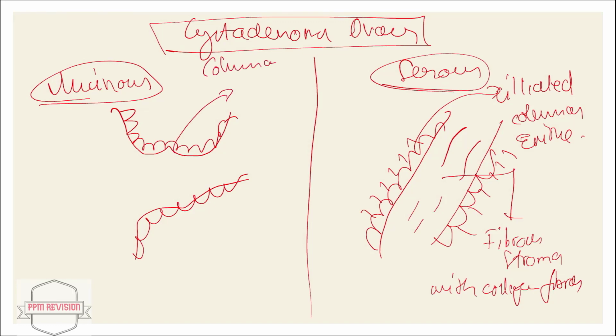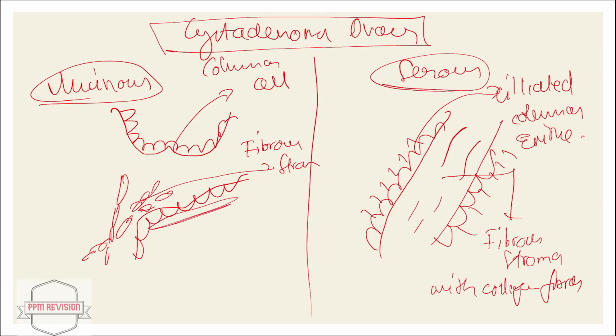Here are the columnar cells. Let me draw a few cells. This is the fibrous stroma, and here is the mucinous material.